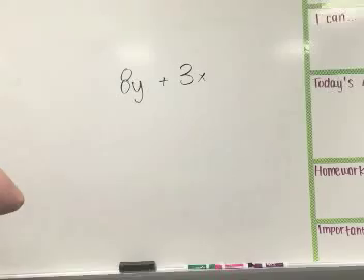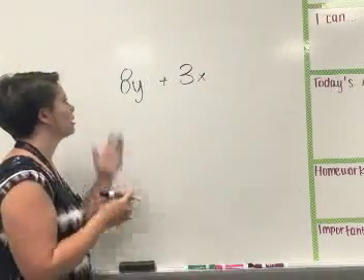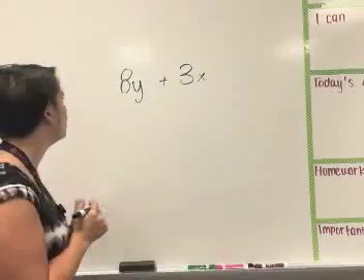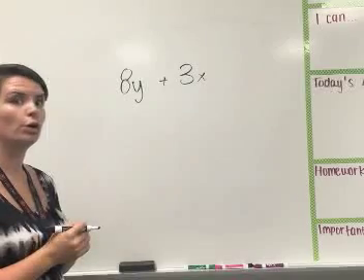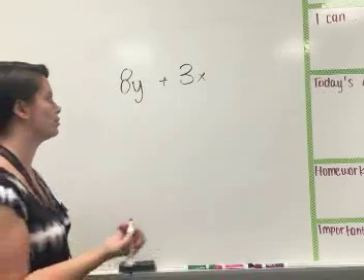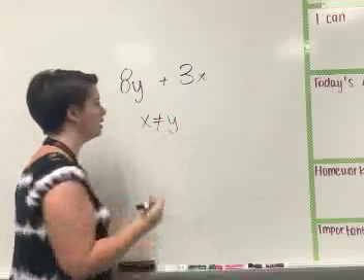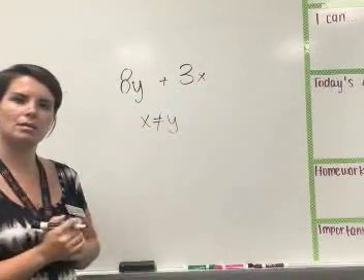Now, I have two variables, so I do have variables, right? And I have two coefficients. They're both rational numbers. Okay, great. But are x and y the same? No. They're two different variables, right? X does not equal y.